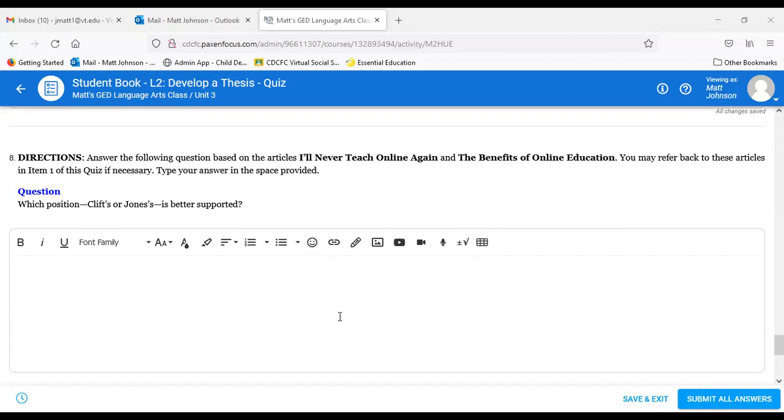All right. Okay. So I'm going to throw my 2 cents in, and I'm going to say Jones as well. But again, there's no right or wrong answer here. It's what you choose to pick and how you go about conveying why you feel that way and the evidence that you use. That's what they're looking for, your critical thinking ability.